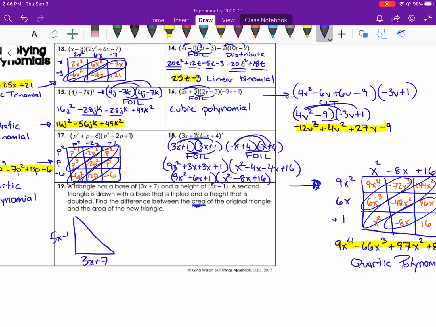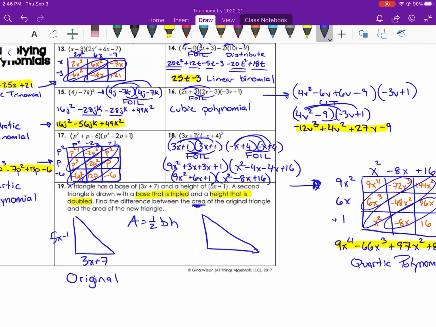Area of a triangle is 1/2 base times height. So we have this first triangle, our original. And then it has us doing a second triangle where the base tripled and the height is doubled. So you're just taking your base times 3 and your height times 2.